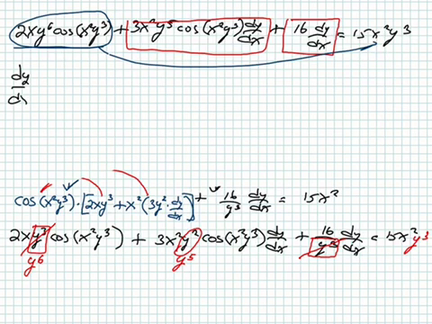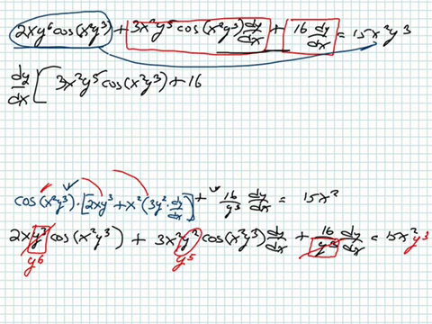So I've got dy dx, and I'm factoring out these two terms in red up here. So I get 3x squared y to the fifth cosine of x squared y cubed plus 16, and that's equal to 15x squared y cubed minus 2xy to the sixth cosine of x squared y cubed.